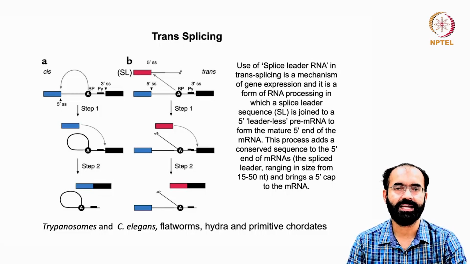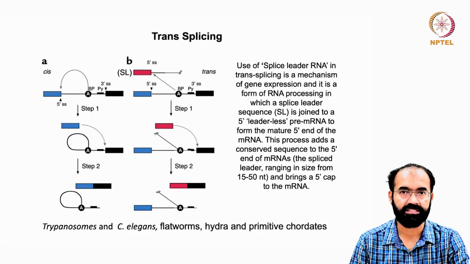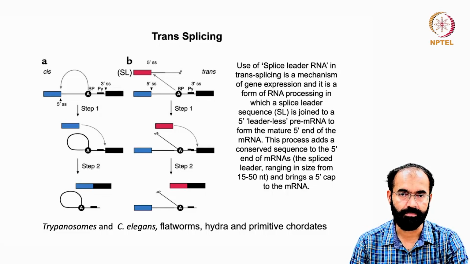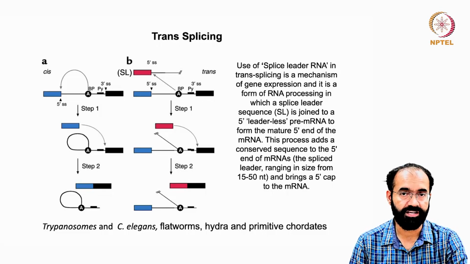Trans-splicing has mainly two purposes. Purpose number one: sometimes the RNA lacks the 5' regulatory elements required for a specific location of the RNA in the cytoplasm, because the gene itself is lacking that information.